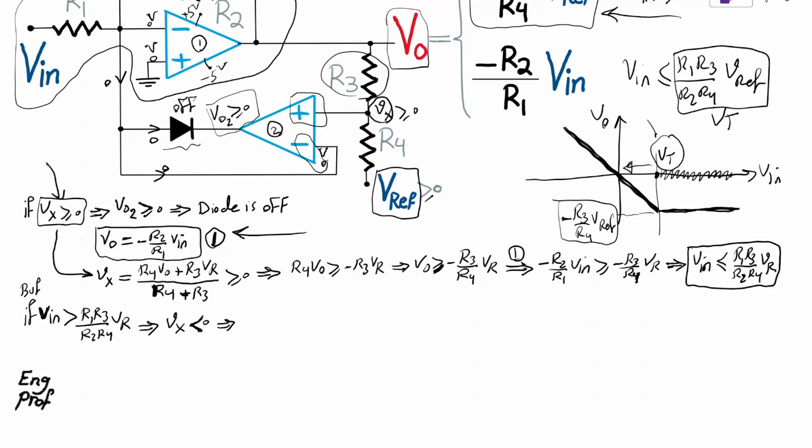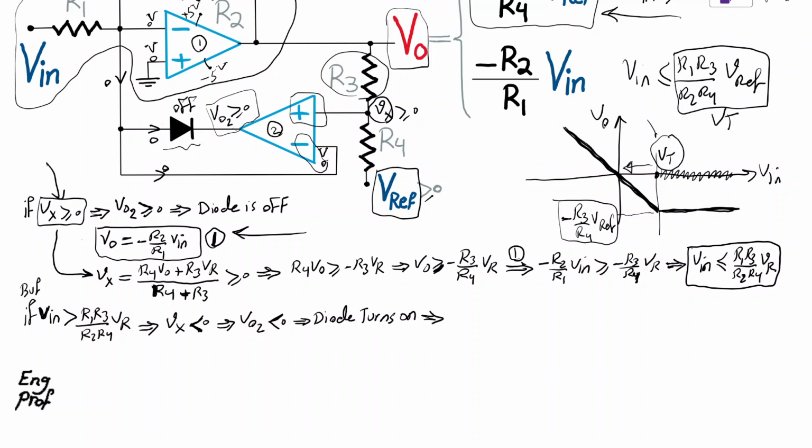Because the positive terminal of op-amp 2 is at a voltage less than the negative terminal, the output of op-amp 2 wants to become negative. As a result, the diode in this circuit turns on.